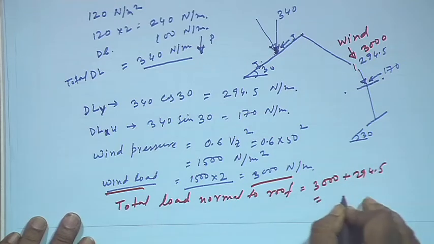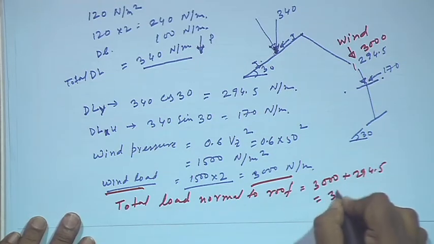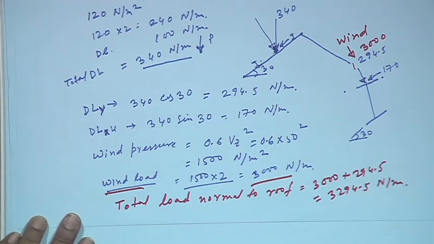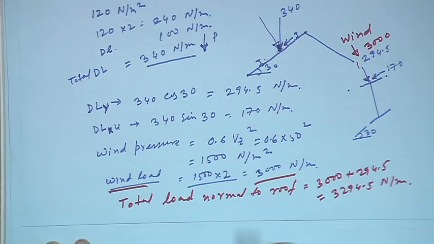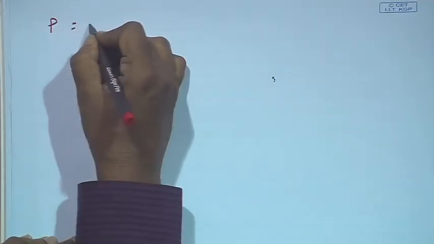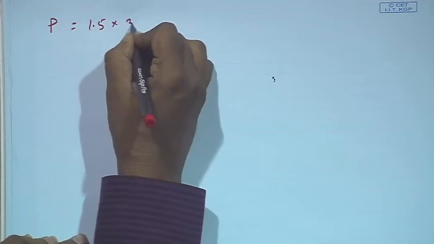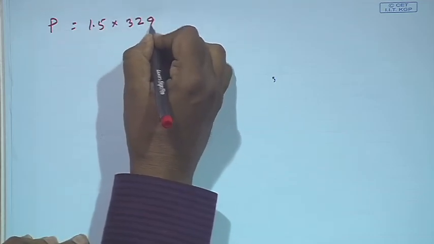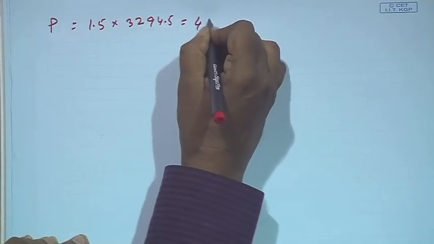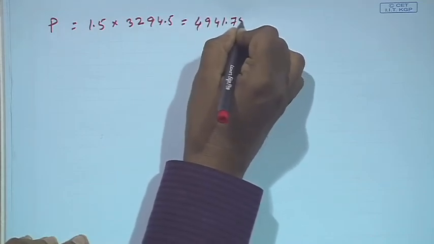So, this will become 3294.5 Newton per meter. This is what the load will be. So, we can now find the factored load normal to the roof, say P, as 1.5 into 3294.5. This will become 4941.75 Newton per meter.